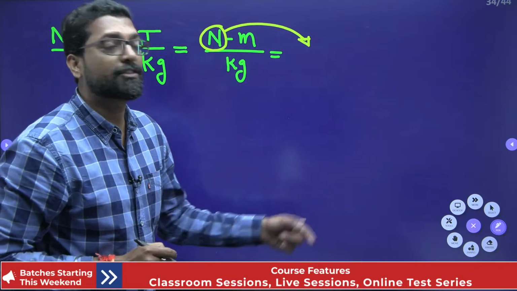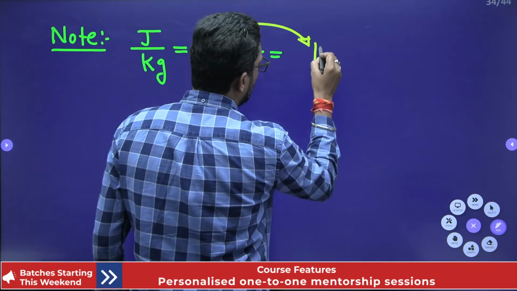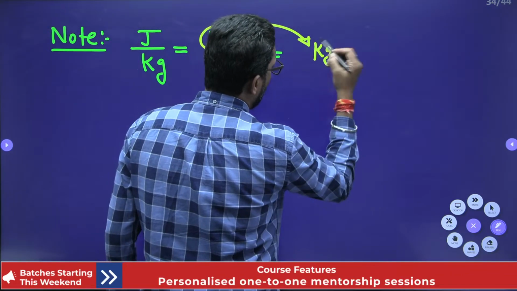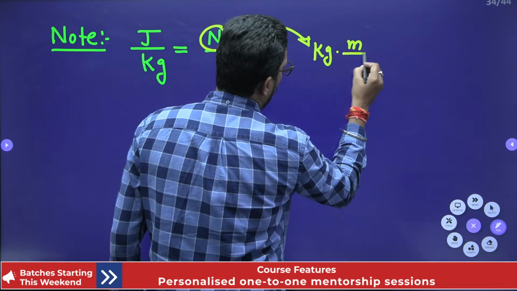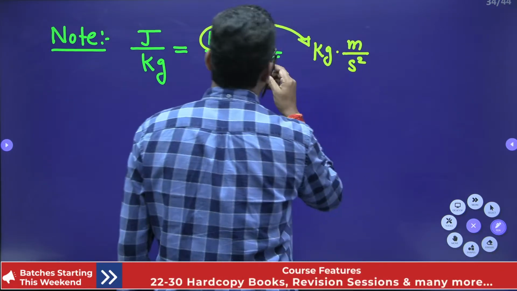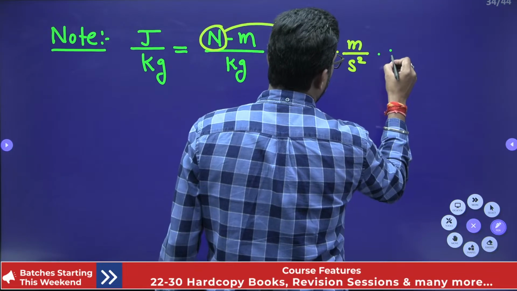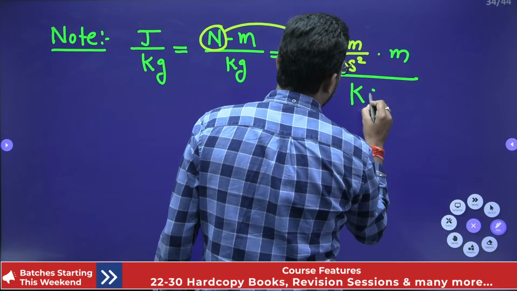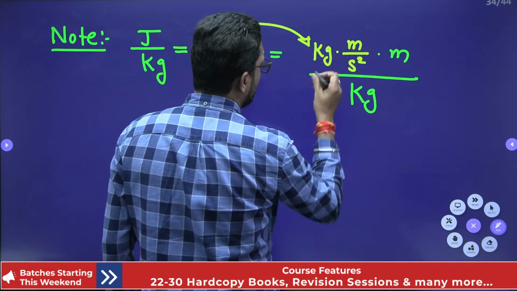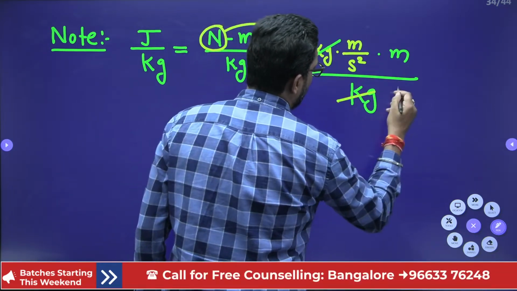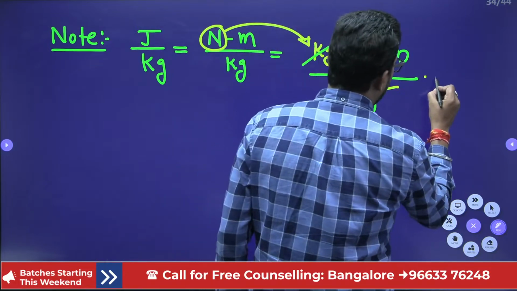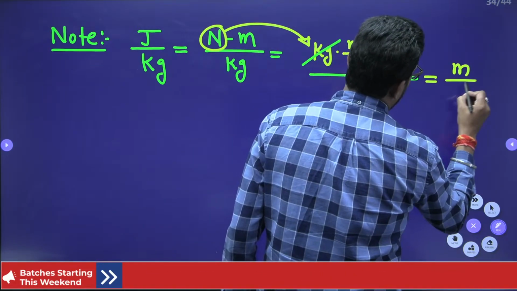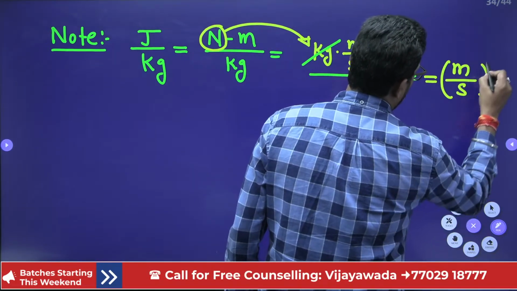Force is mass into acceleration. That means kg into acceleration meter per second square into meter, divided by kg. So this kg and this kg are cancelled. So what is that? Meter per second whole square.